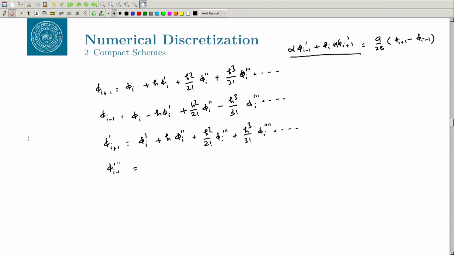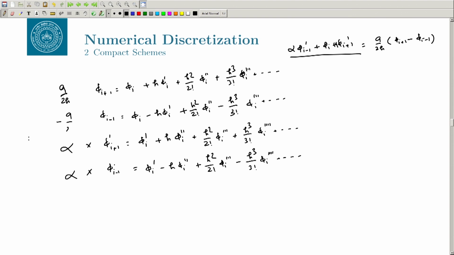So, that will give you phi I prime minus h phi I double prime plus h square by factorial 2 phi I triple prime minus h cube by factorial 3 phi I 4 prime. Okay. Now, you have to multiply this by alpha, right, these both multiply by alpha, and this is a by 2h, right, and this is minus a by 2h, right.